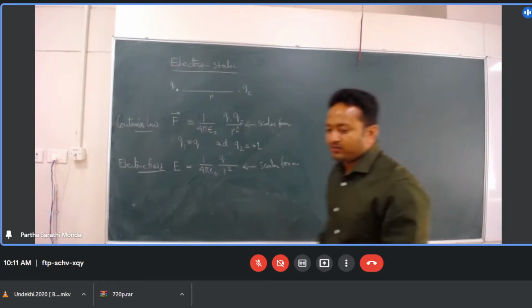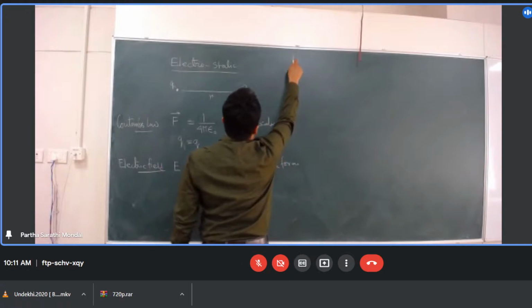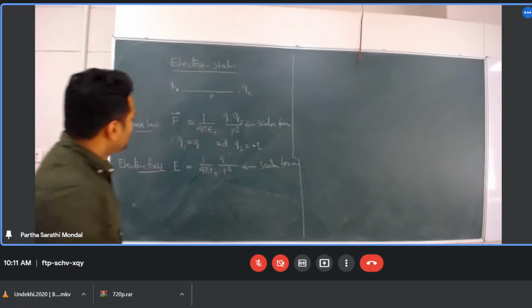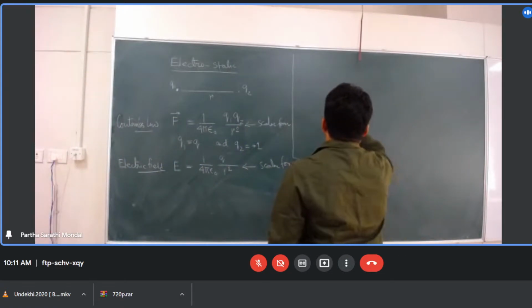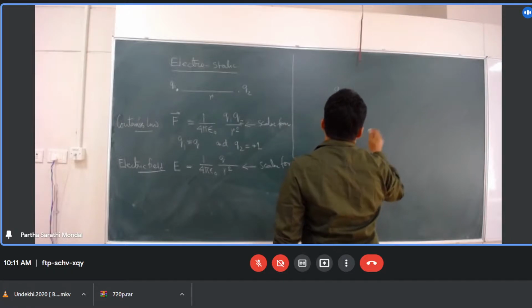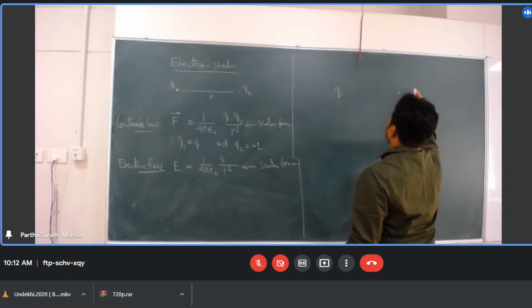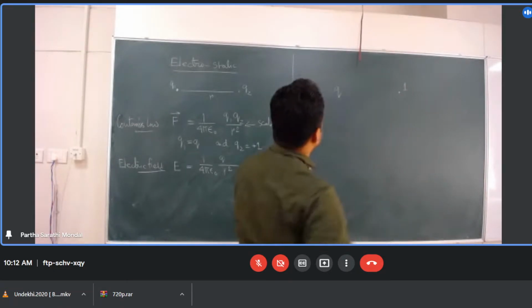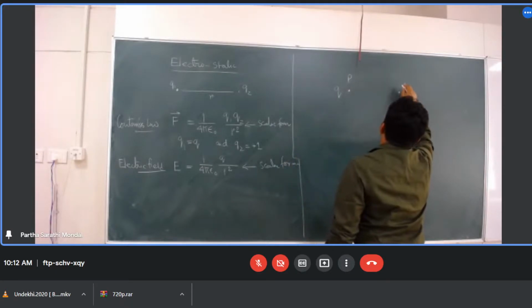So in vector, you know that every length you have to express in terms of vector quantity. Okay. So now, suppose you have a charge Q here, and you have a test charge here, let's say 1. Okay. So this charge, let's say, is situated at P, and it is situated at Q.